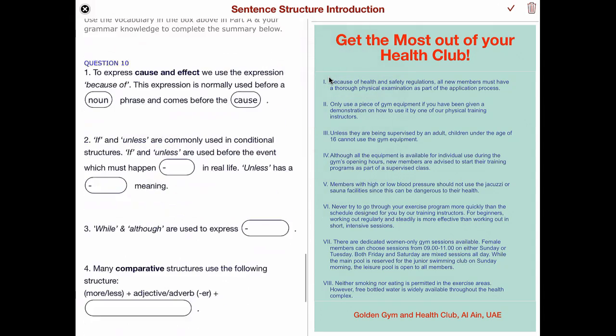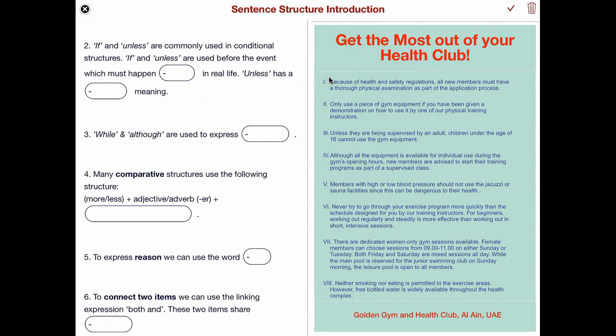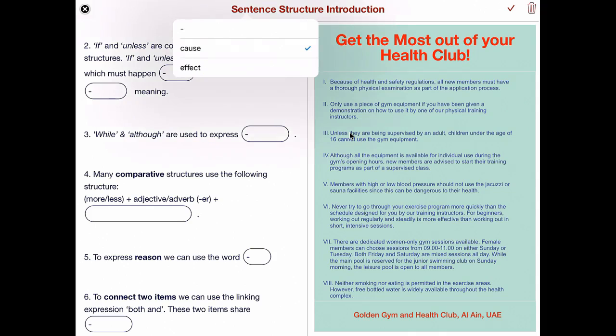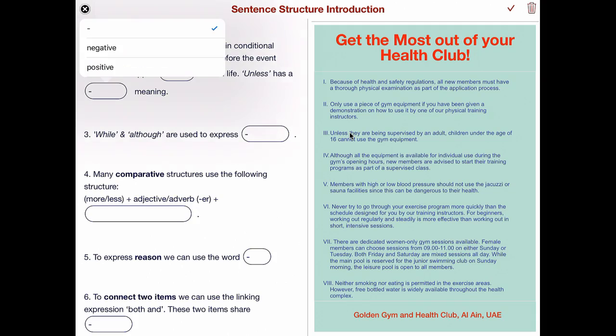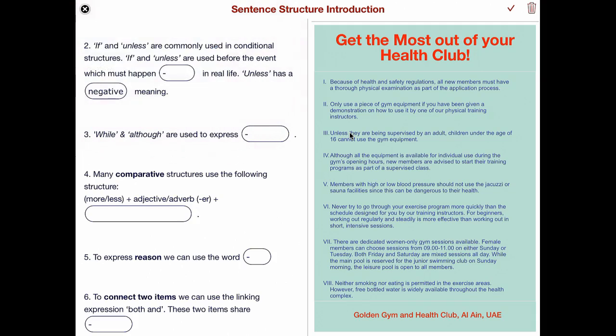Okay. Next, if and unless are commonly used in conditional structures, and those are right here and here. Okay. If and unless are used before the event which must happen. There we go. Okay. And unless has a negative meaning.